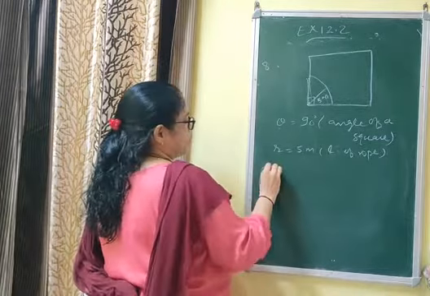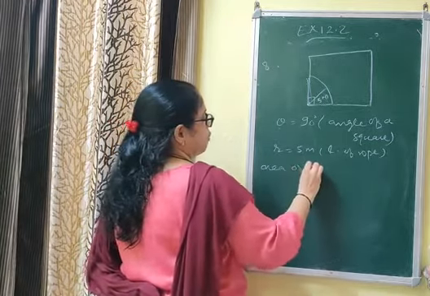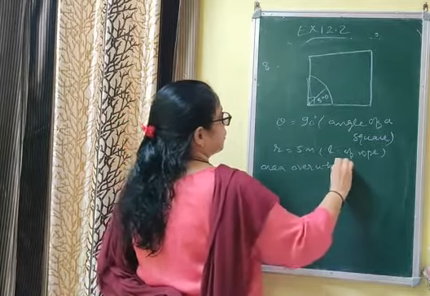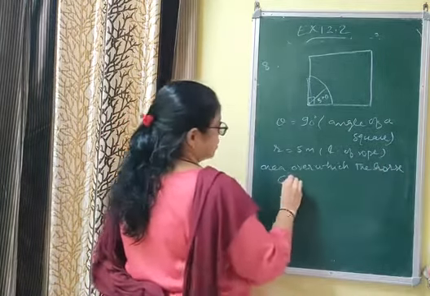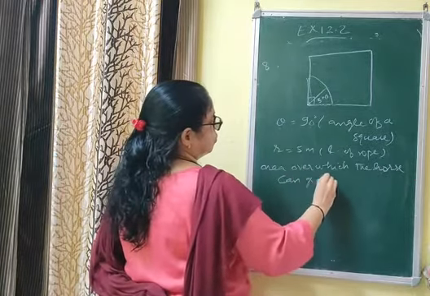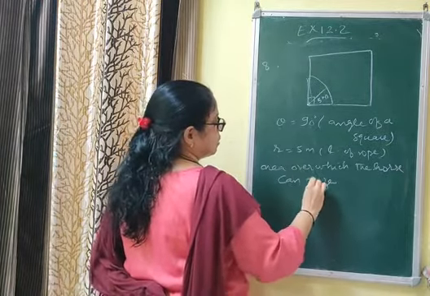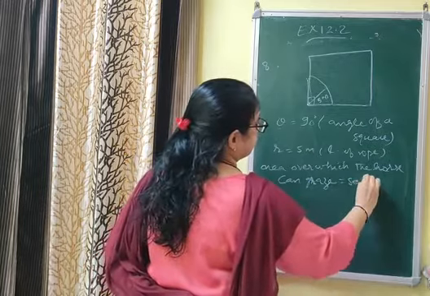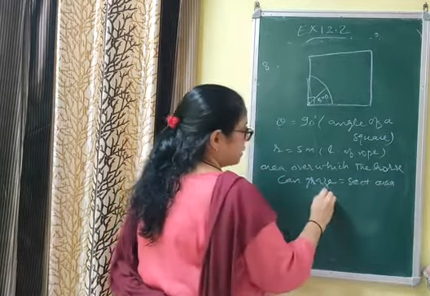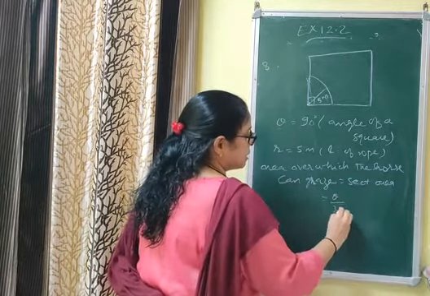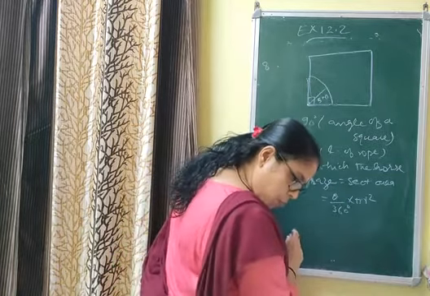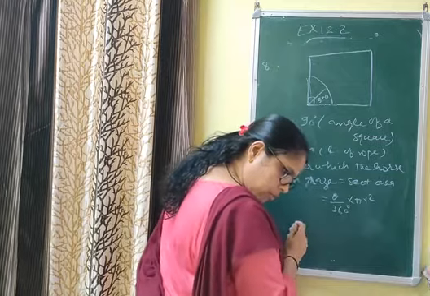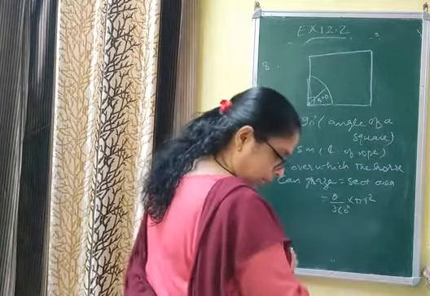Area over which the horse can graze is equal to the sector area. First of all write the formula, theta by 360 into pi r square. You have to take the value of pi as 3.14 in the second part.